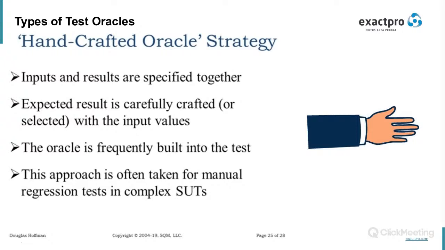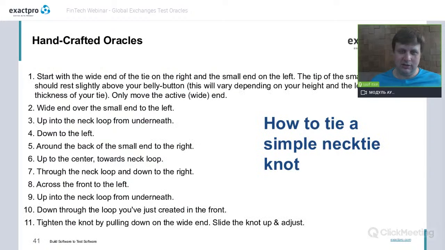It is expected results with inputs, and the oracle is frequently built into the test because we have inputs and outputs together. It is easy to check. So I'm not sure why it appears almost at the end. I think everyone knows this method as the main way of defining test oracles in the application.